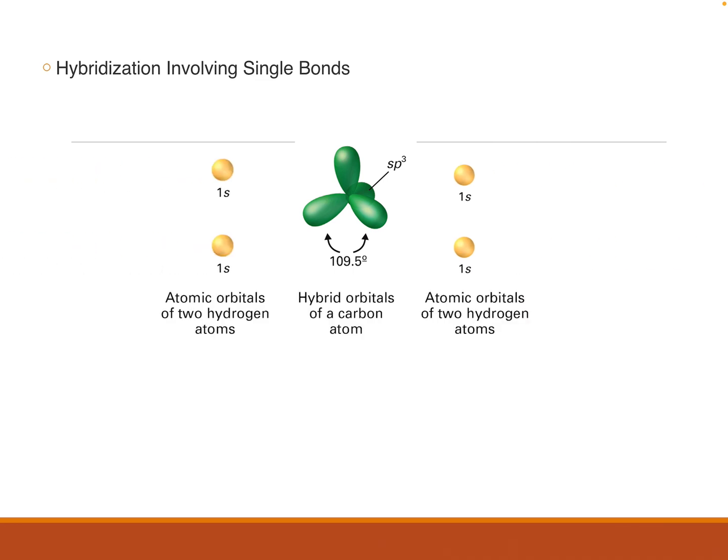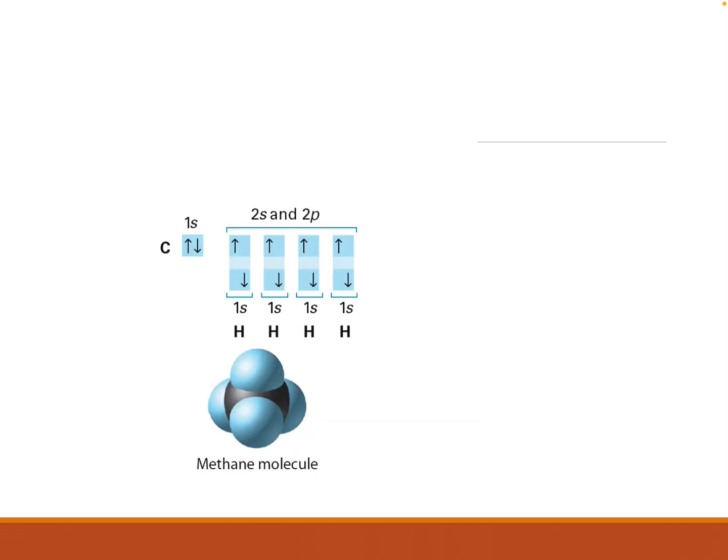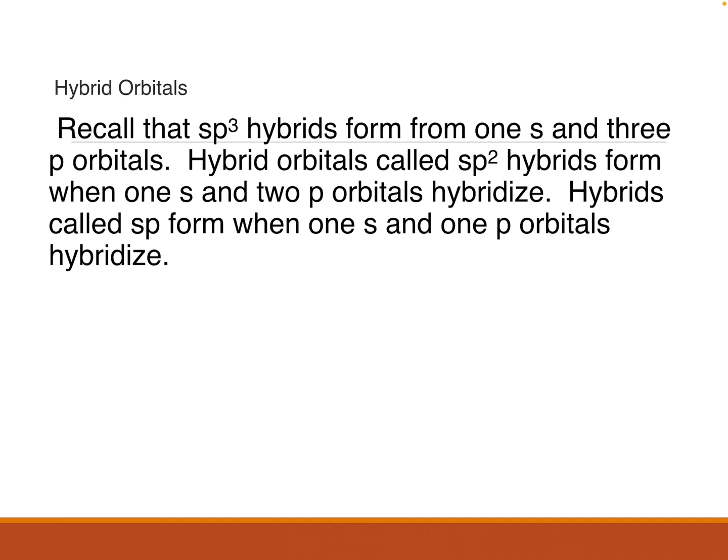So what's going to happen here, you have 4 bonds being made. You're going to have end-to-end overlap in each one. So you have sigma bond, sigma bond, sigma bond, just like that. This is methane, that's how that works. In some cases, you're not going to have 4 bonds with carbon. Sometimes it only makes 2 or 3 bonds.